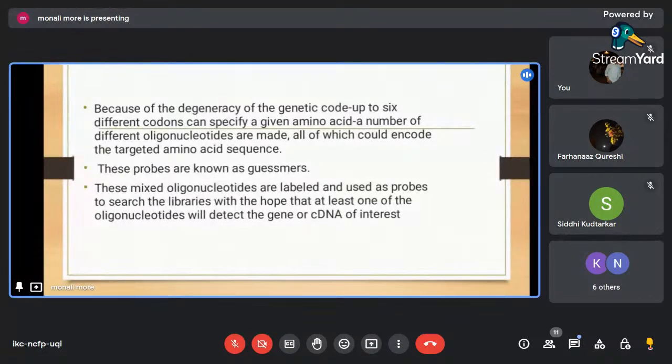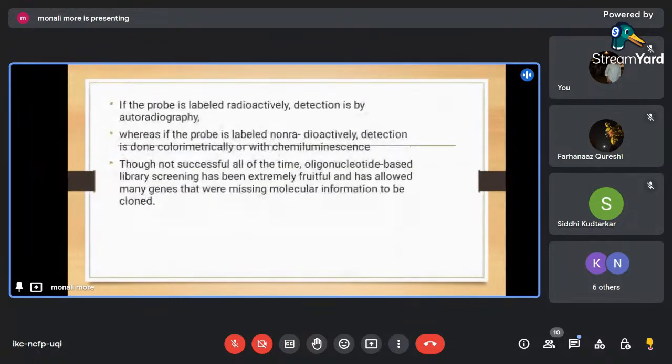These mixed oligonucleotides are labeled and used as probes to search the libraries with the hope that at least one of the oligonucleotides will detect the gene or cDNA of interest. If the probe is labeled radioactively, detection is by autoradiography, whereas if the probe is labeled non-radioactively, detection is done by colorimetry or with chemiluminescence.